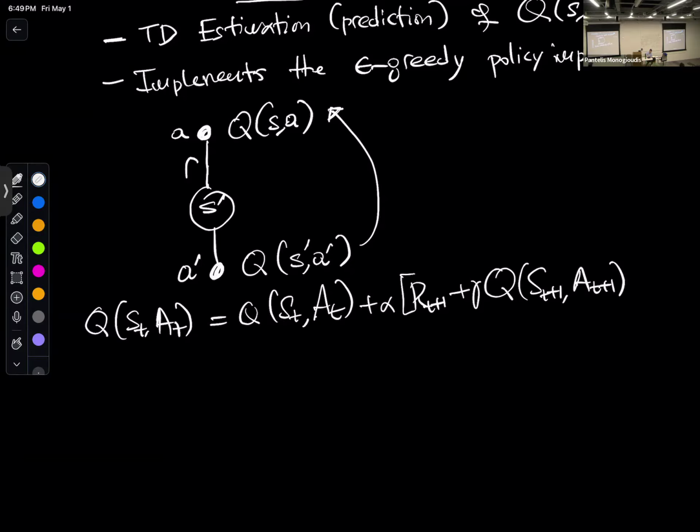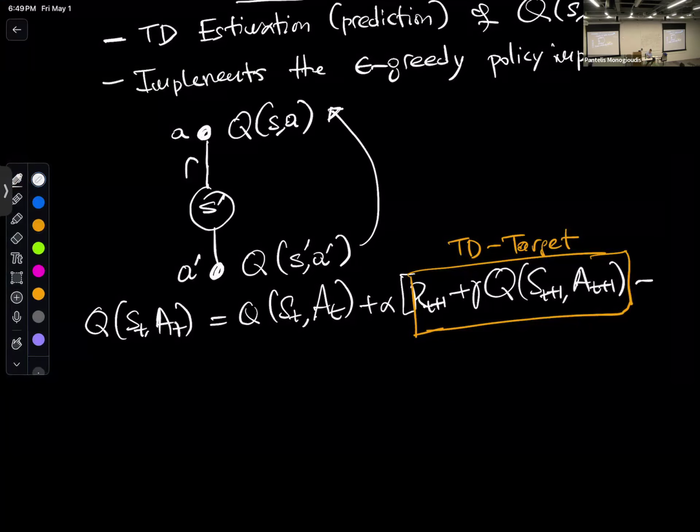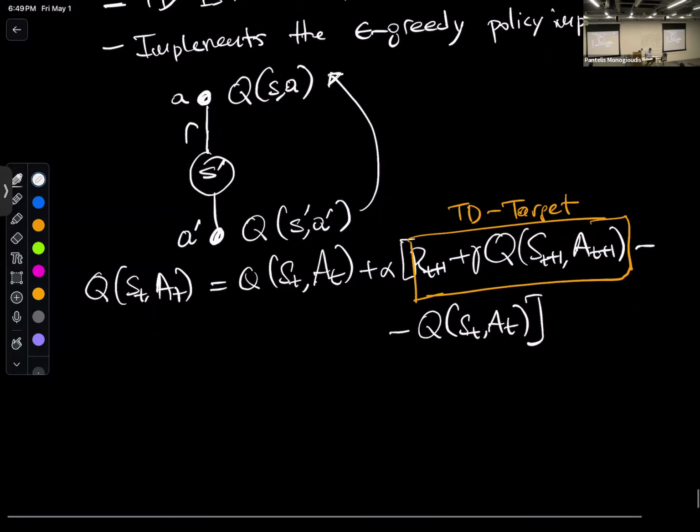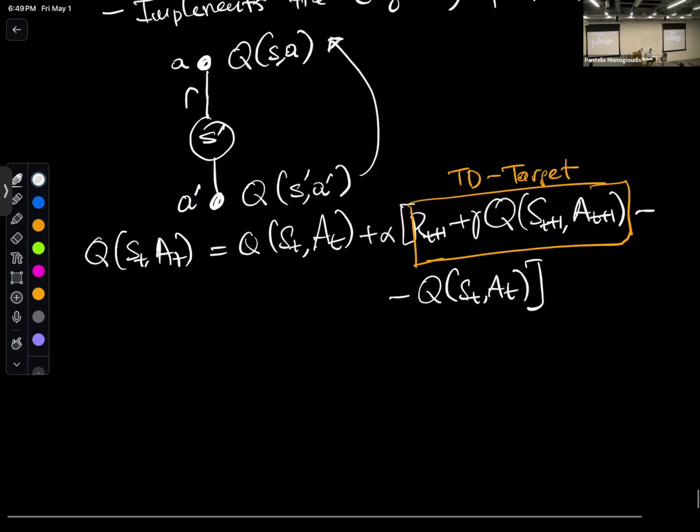I hope you remember what we call this: the TD target. This was the bootstrapping. Minus Q of S T comma A T. So this is basically the update equation.